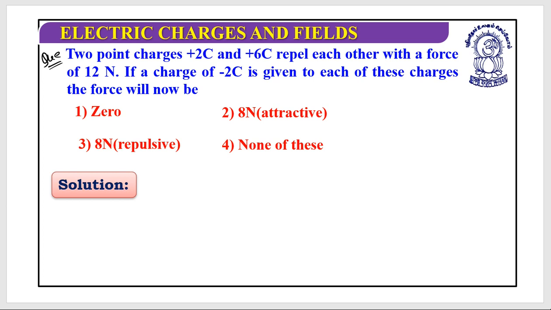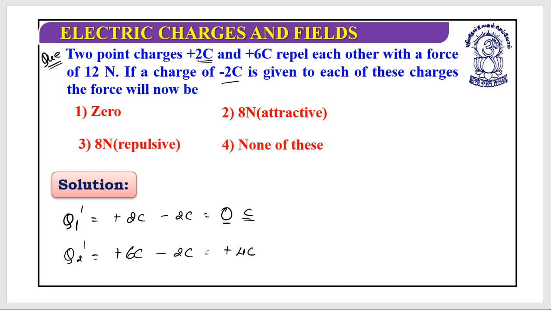So first I need to find the new charges. The previous charge was plus 2 coulomb. If I add this minus 2, this would be 0. To a great surprise, this is 0. And the next charge would be plus 6 coulomb minus 2 coulomb, which is plus 4 coulomb. I know that force is directly proportional to q1 into q2.